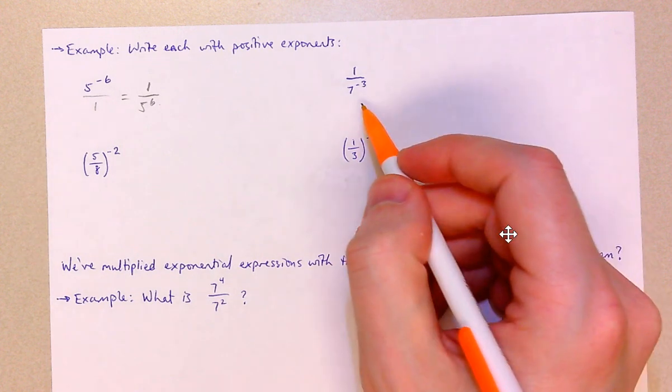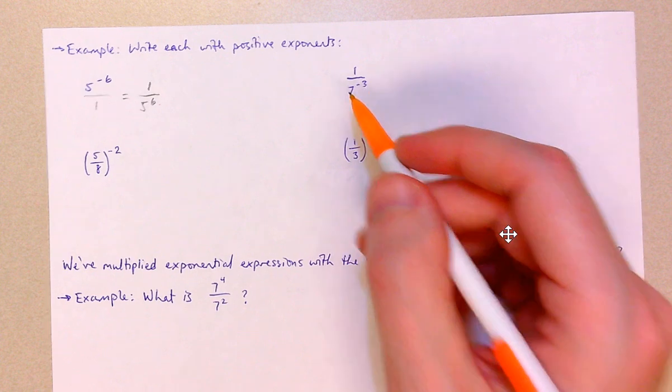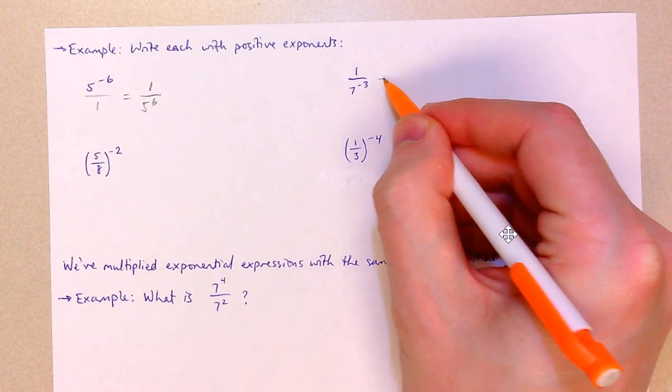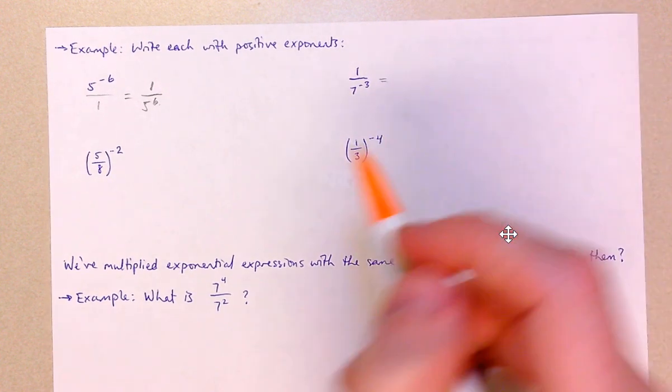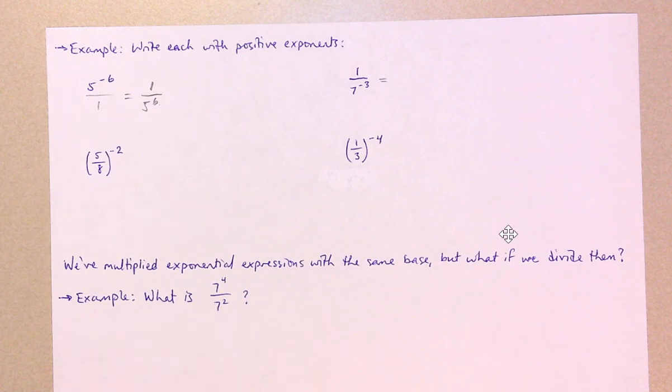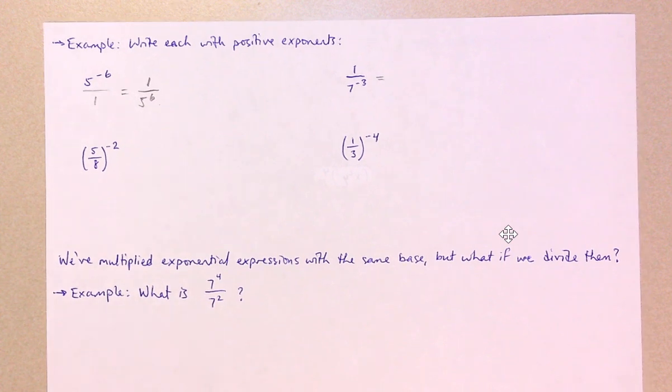Next, 1 over 7 to the power of negative 3. Here, our kid is in the basement of the house, and here she is acting up. So we need to send them up one level, and that will make them be good.